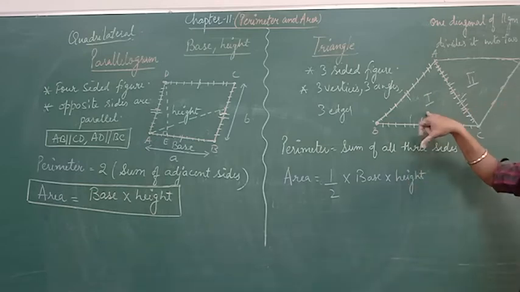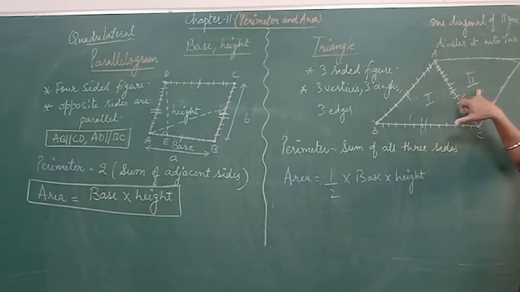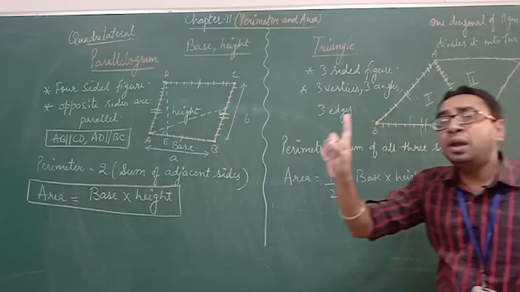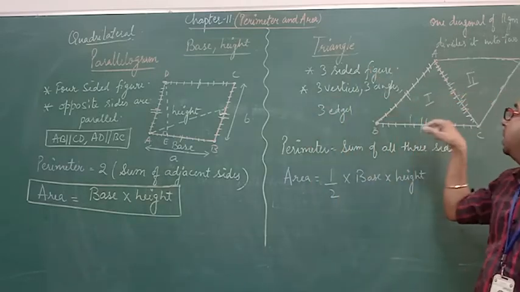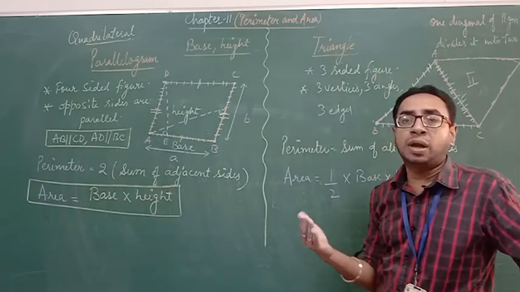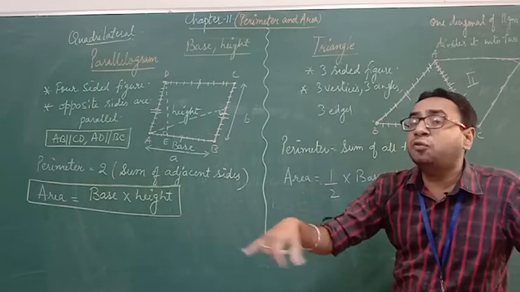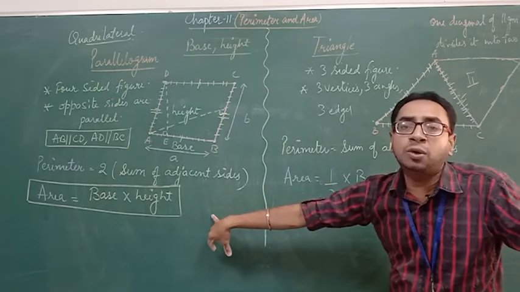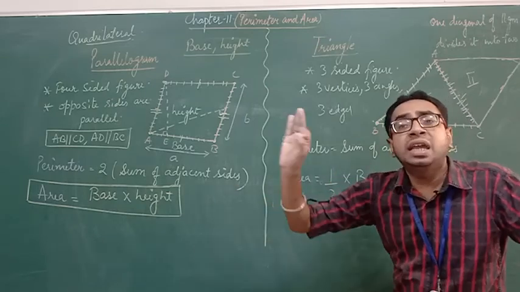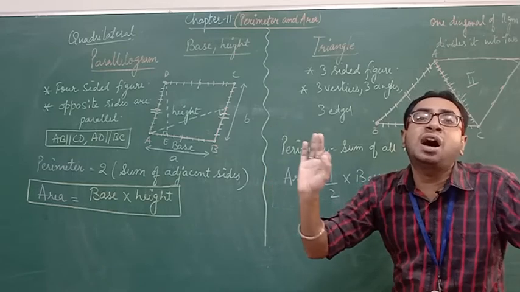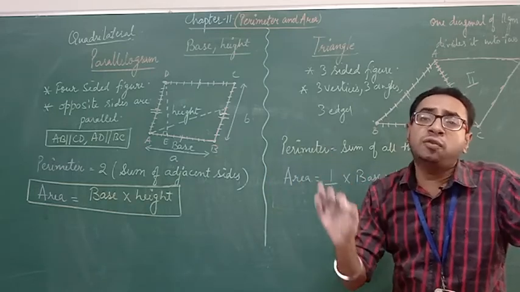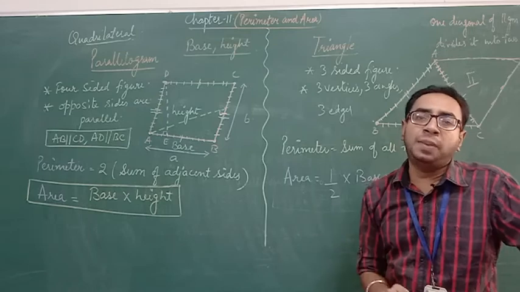If I add half into base into height and half into base into height, half and half will make 1, base into height. The area of the complete parallelogram is base into height. That is why the area of triangle and area of parallelogram are related. The area of a triangle is always half the parallelogram.